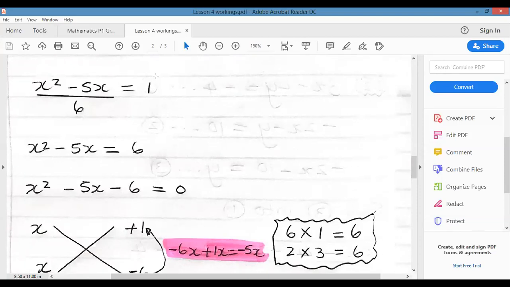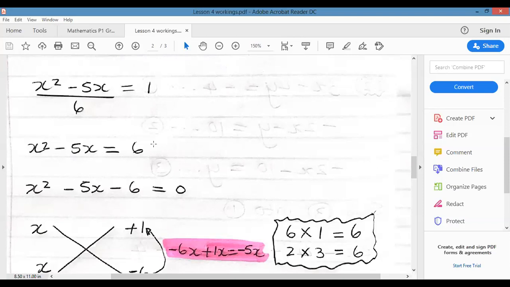So if it's 1, it's always 1 over 1, and 1 over 1 is 1. Therefore, you're going to have x squared minus 5x is equal to 6, because you have multiplied 6 by 1.